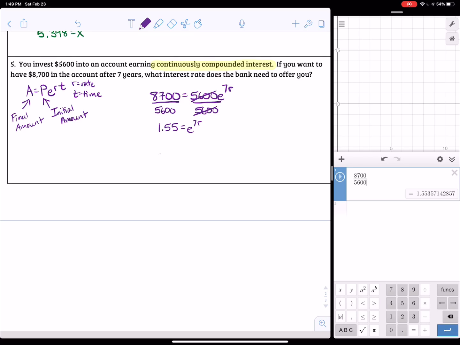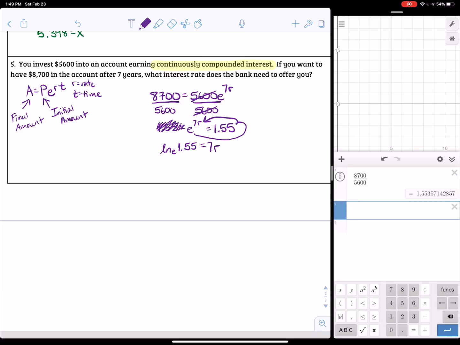So then if we use our little cloud to rewrite this expression in log form, we would have natural log, log base e of 1.55 equals 7r. And it might help to see it better if you put the 1.55 on that side. So then you can see how the little cloud would fit our equation. So natural log base e of 1.55 equals 7r.